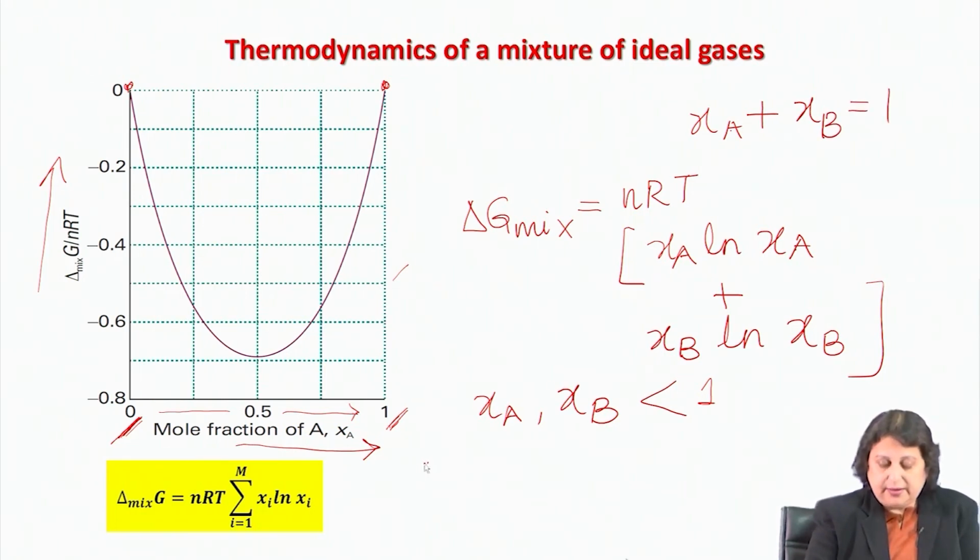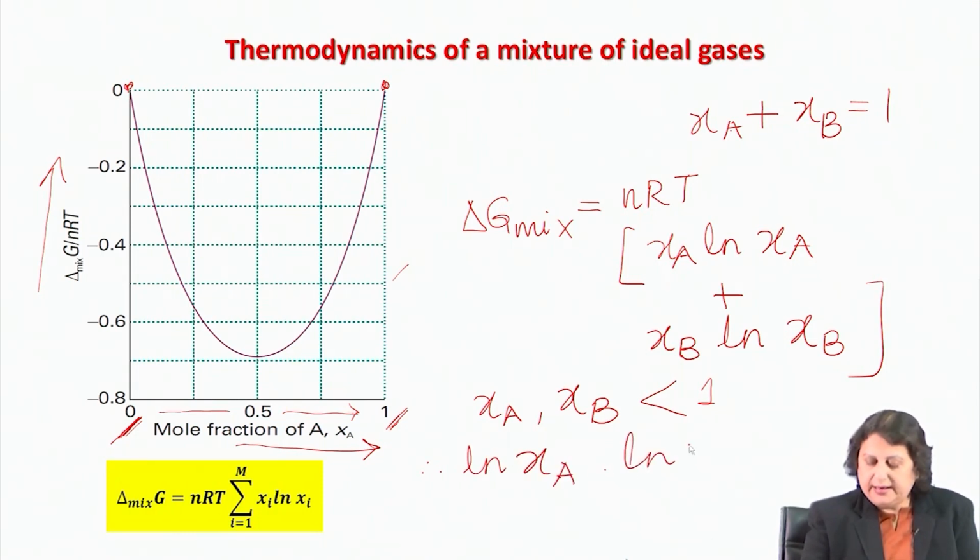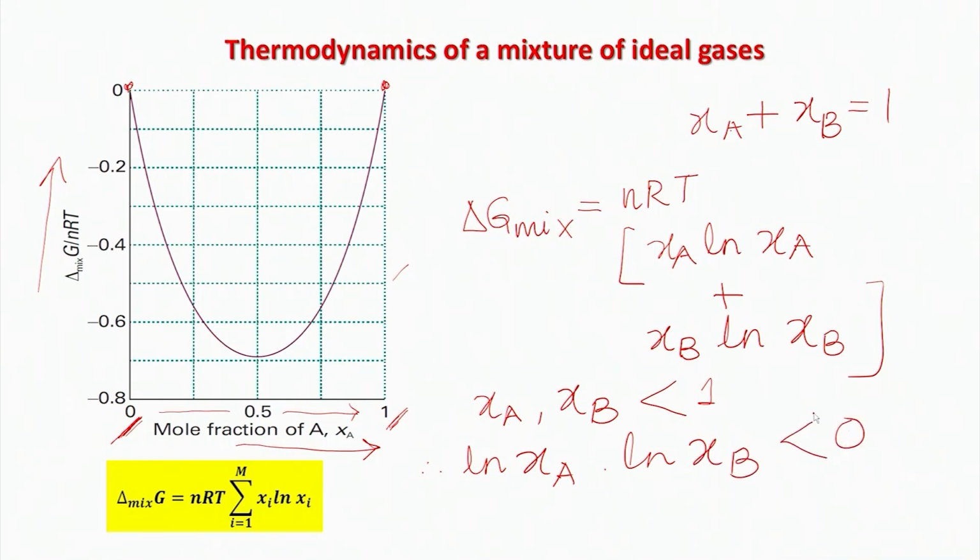If that is so, then ln Xa and ln Xb must be less than 0. In that case, I have two negative terms combining to give me delta G mixing, and therefore delta G mixing is going to be less than 0 for all values of Xa and Xb less than 1. So that is exactly what has been shown here.